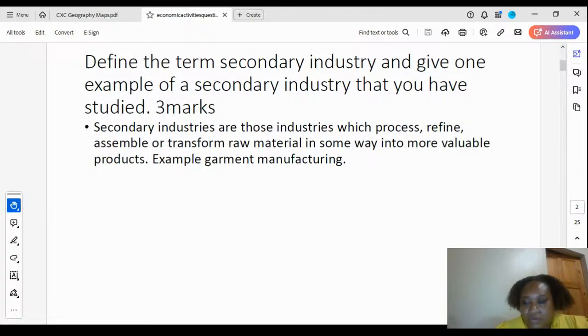Okay. So let me share the next set of questions now. So these are the economic activity questions that I have.